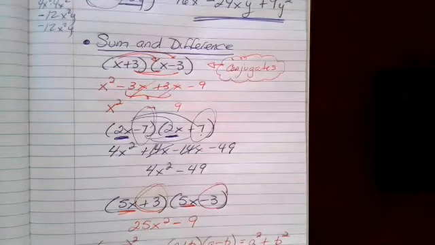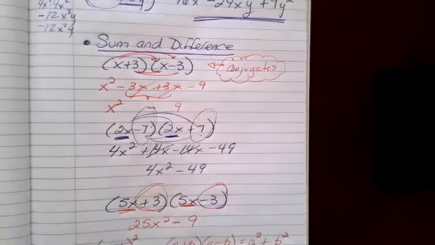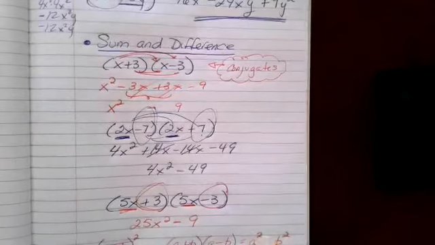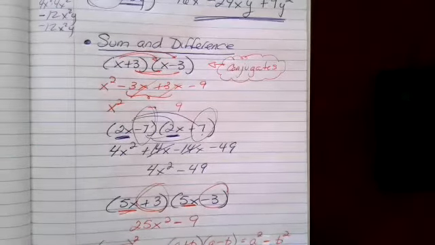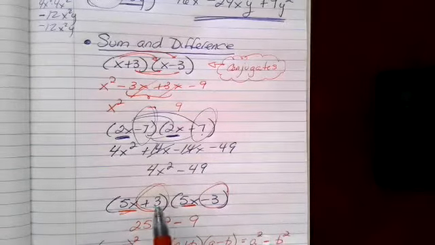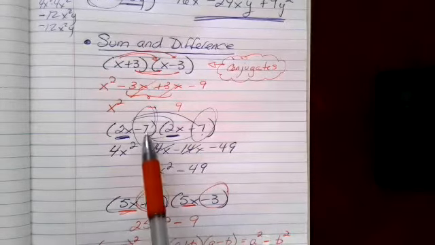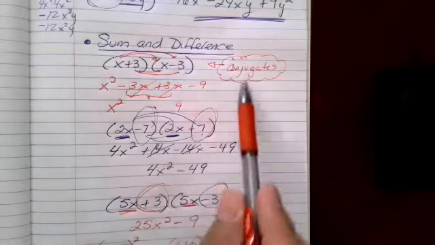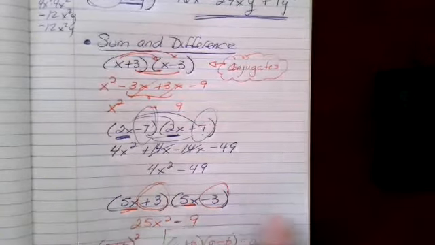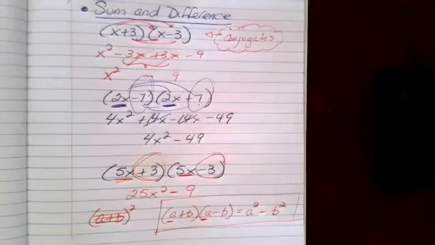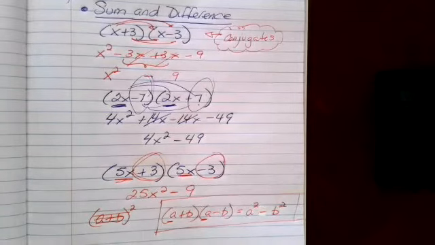So let's get rid of that. Right, a negative b and a positive b. It should always be subtraction because these signs are always opposite. Right? Those are conjugates. So this would be the formula if you're a formula person. And that's your sum and difference.